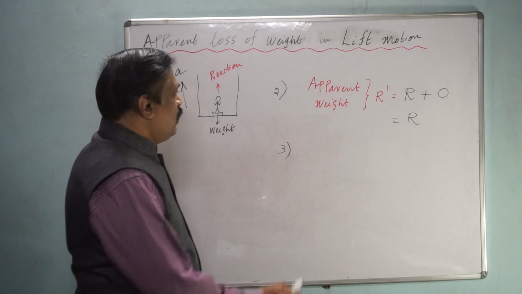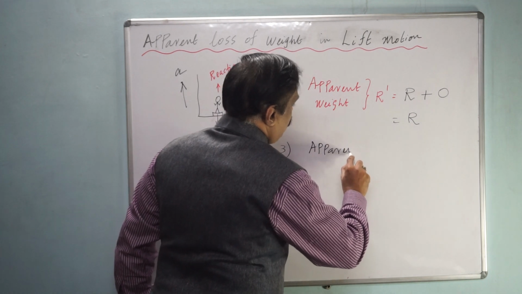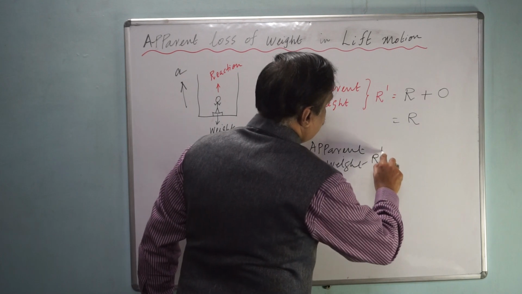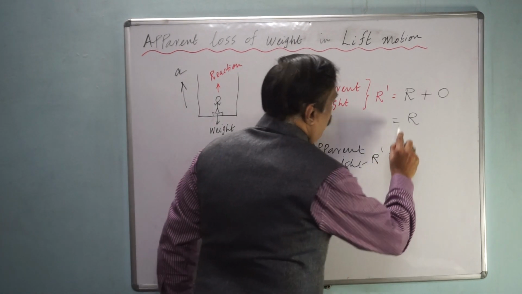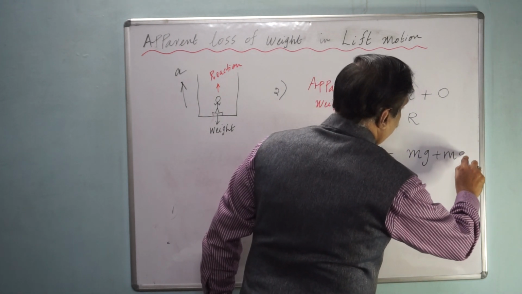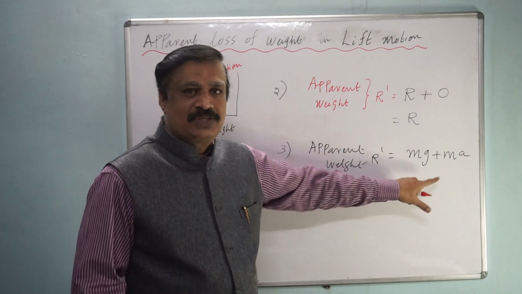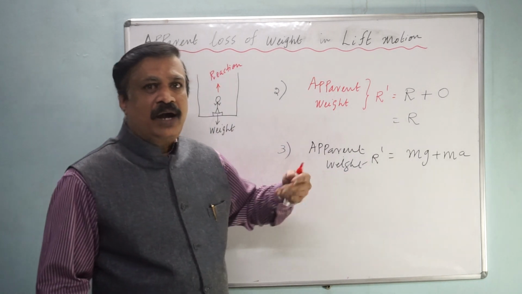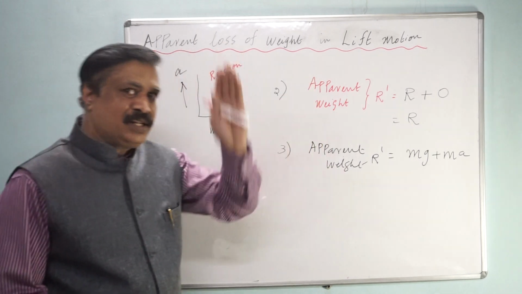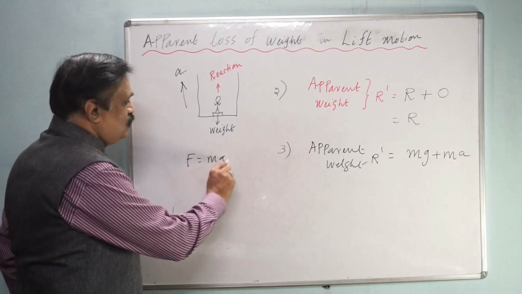Then apparent weight R dash is equal to R, which is mg, plus the additional force ma. This R is normal weight, that means actual weight mg, and some additional force because the lift is moving with an acceleration. With an acceleration, the formula is F equal to mass into acceleration.